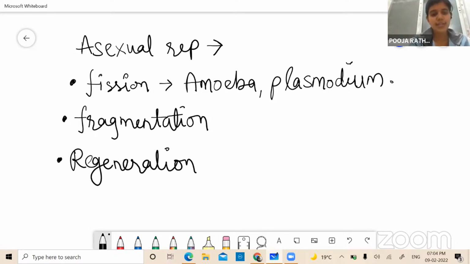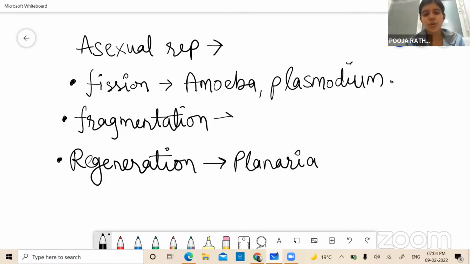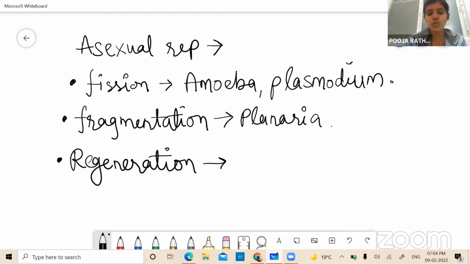In this, specialized cells regenerate themselves into a new body. The example for fragmentation was planaria. And the example for regeneration was spirogyra. Okay. Don't be confused between these two. Actually, they have very little difference between them.